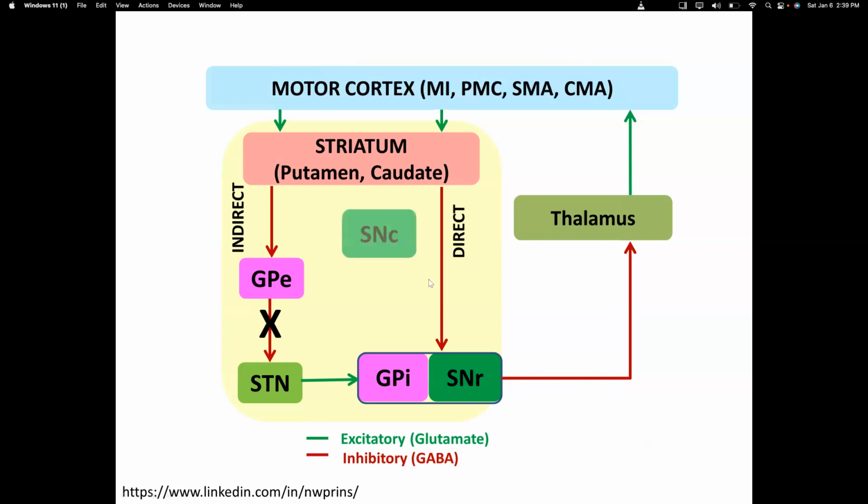Right. Next, we have the substantia nigra pars compacta, which we haven't spoken about. We've spoken about initiating movement and terminating movement. As I said, I'm oversimplifying this to make sense of it. What happens when you want to continue movement? There are dopaminergic projections from the SNC to the striatum.